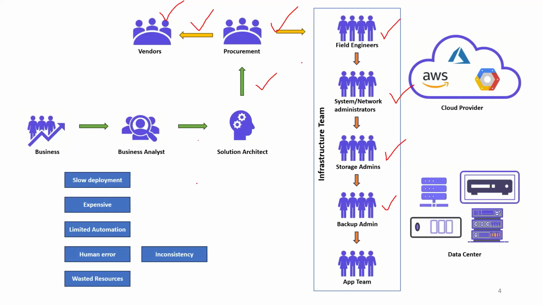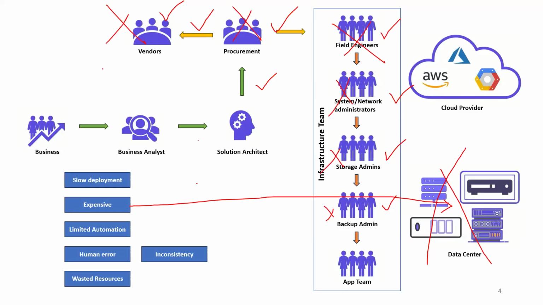That means you don't need to worry about maintaining the data center. See, one of the costliest activities is maintaining your data center. You don't need to worry about maintaining your data center. You don't need to have field engineers, system admins, storage admins, backup admins, procurement team, vendor team.